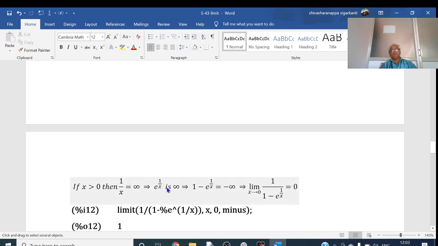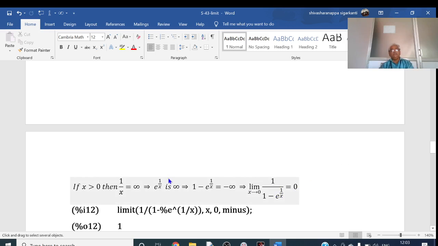Then 1 minus e to the power of infinity means 1 minus infinity, which is minus infinity. So the limit of 1 by 1 minus e to the power of 1 by x is equal to 1 by infinity, which is equal to 0.